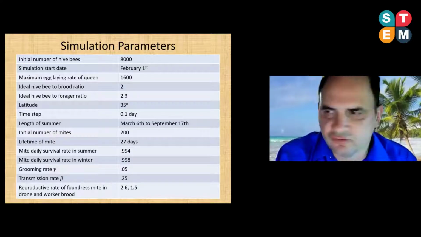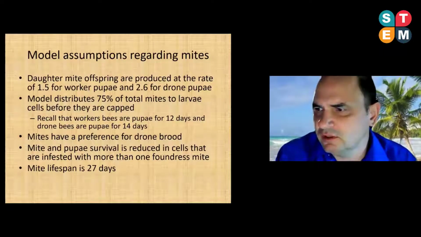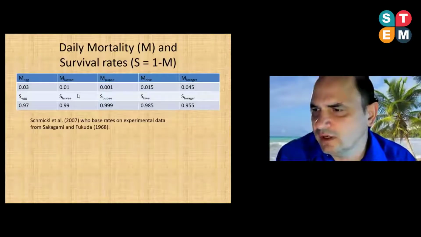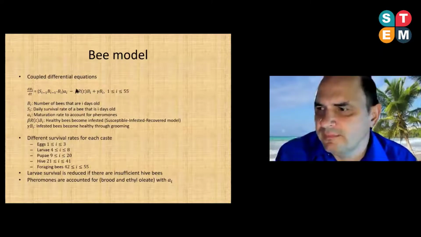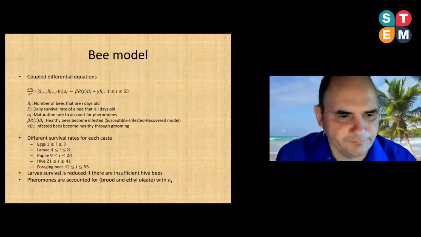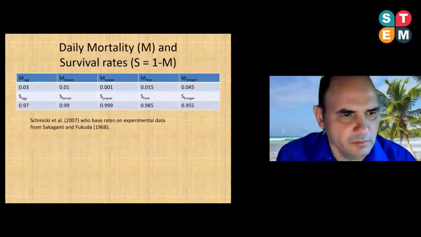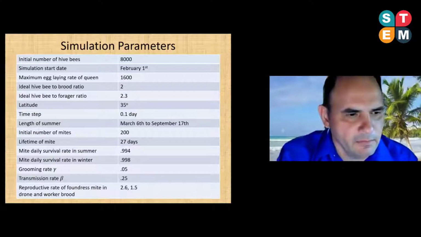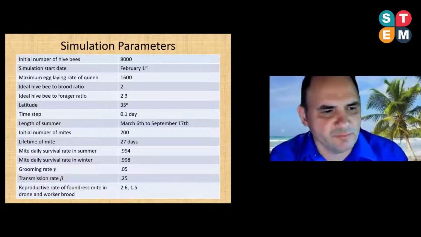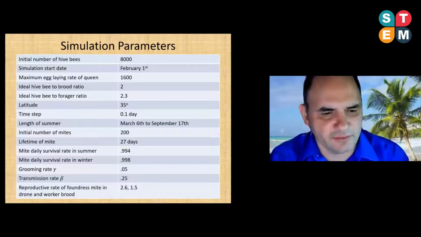Those come from these terms in the differential equation: the grooming rate beta, the grooming rate gamma, and the transmission rate beta. And then we have the reproductive rate of the foundress mite in the drone and worker brood. So this higher rate in the drone brood is actually an important factor.